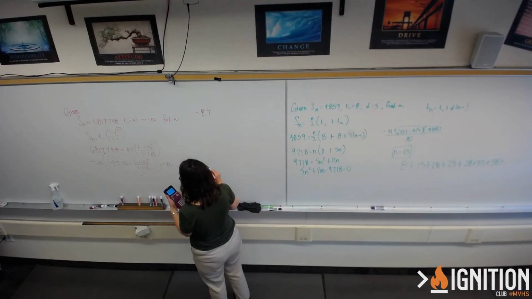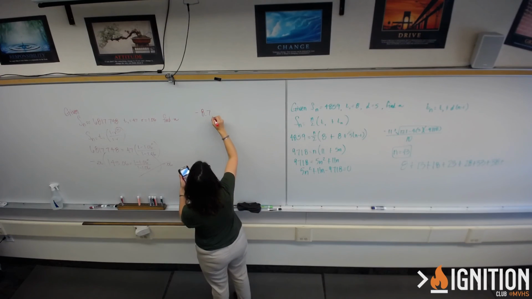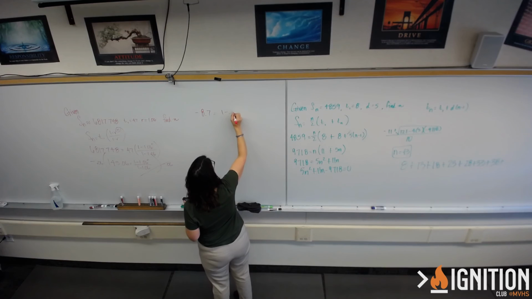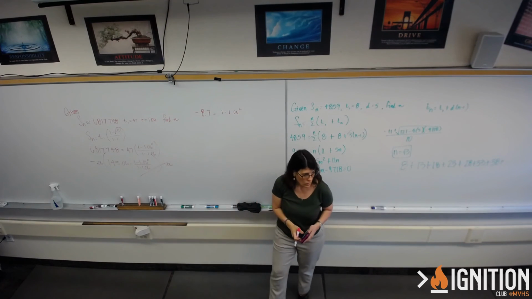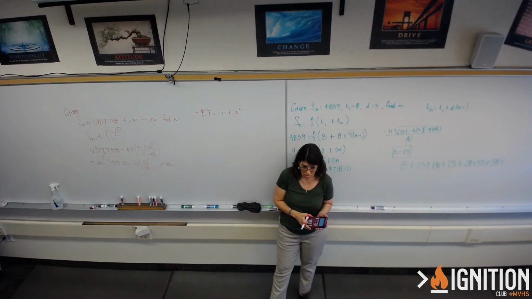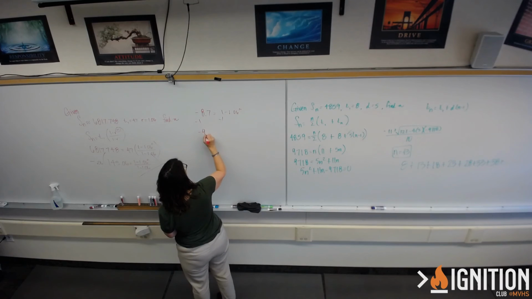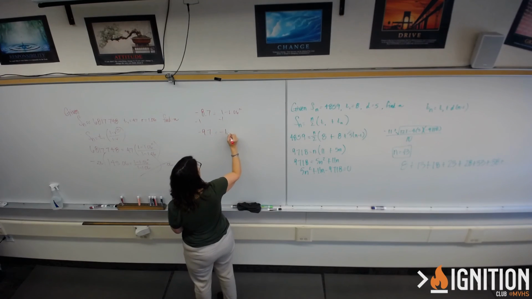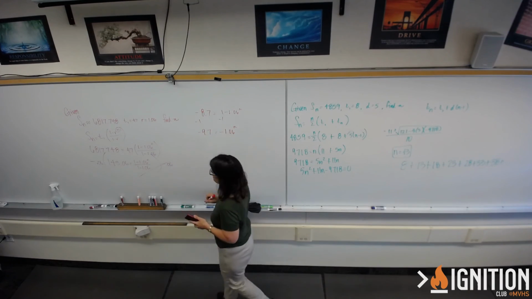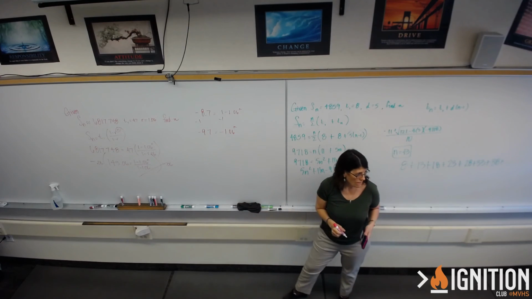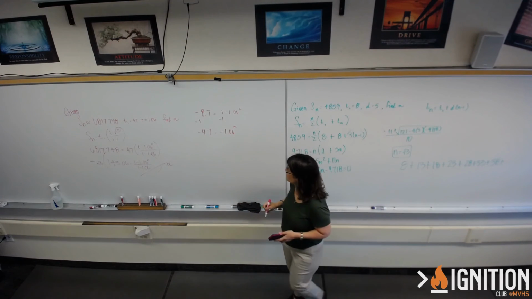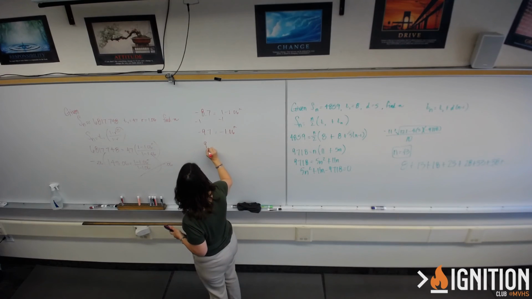Okay, so where am I at now? Negative 8.7 is 1 minus 1.06 to the n. Some of you went ahead of me, fantastic. Subtract 1 from both sides. Divide both sides by negative 1.